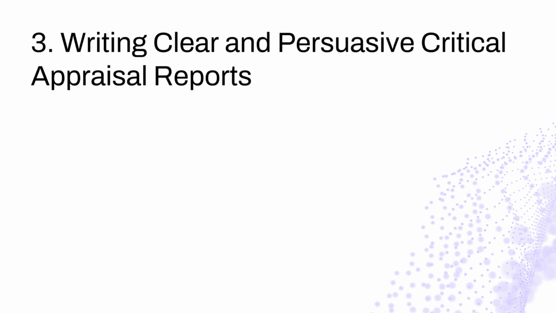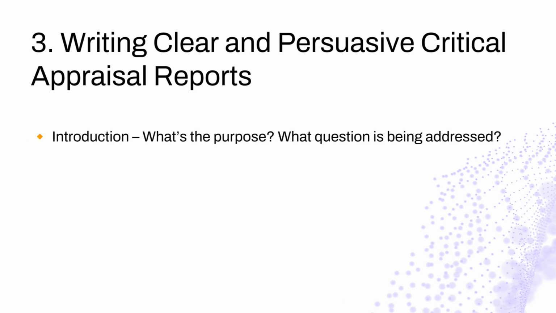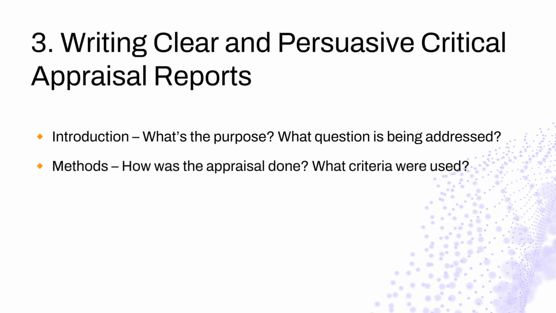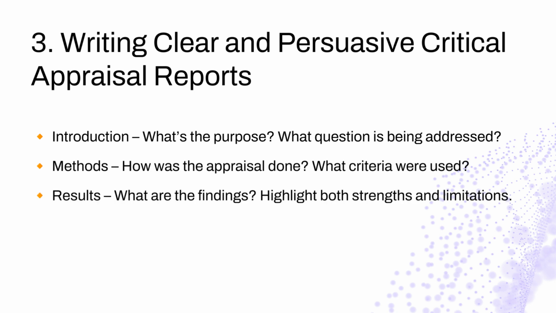Now, let's see how to write a clear and persuasive critical appraisal report. Writing is one of the most common ways to communicate findings, so let's talk about how to do it effectively. Structure: every report should include an introduction. What's the purpose? What question is being addressed? Methods: how was the appraisal done? What criteria were used? Results: what are the findings? Highlight both strengths and limitations.